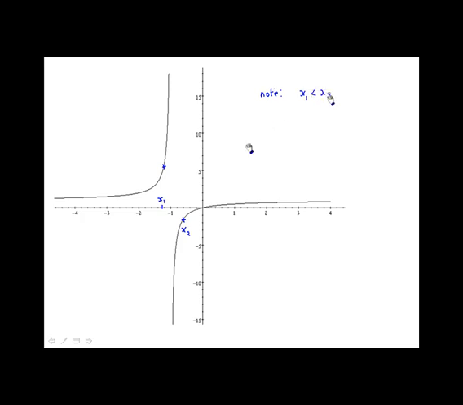That's correct. And then there's f at x1, and then there's f at x2. And if you thought about it, even though x1 is less than x2, f at x1 is greater than f at x2.